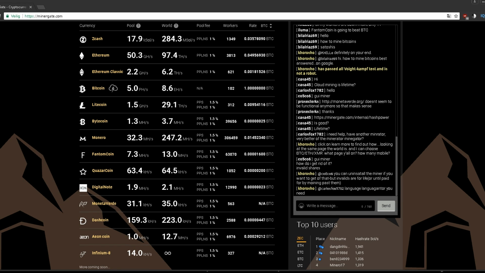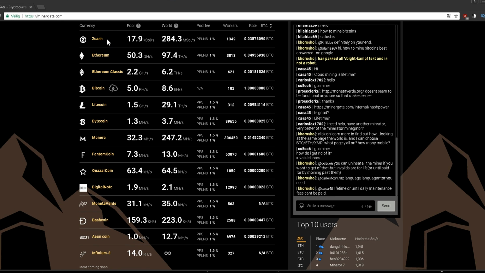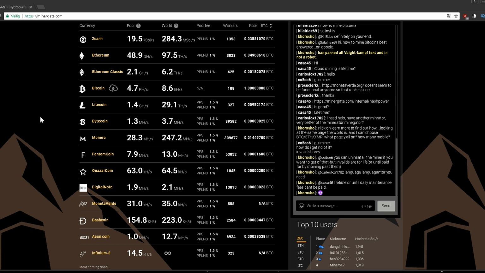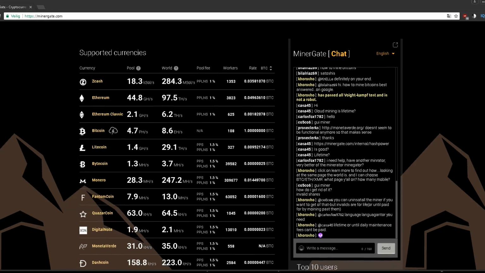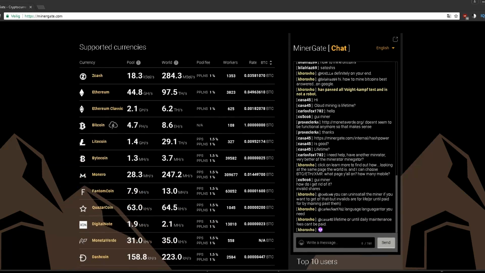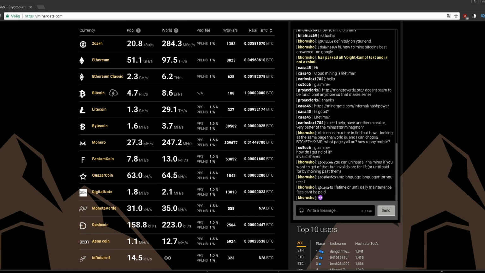So make sure you do your research on which coin you'd like to mine, and do your research well before you start anything, because you don't want to be mining for a year and then find out you've been mining something useless for a huge while, wasting all your power and your time. So that is actually the first important thing that I wanted to tell you guys, especially the new people that watch this video that don't know much about mining.